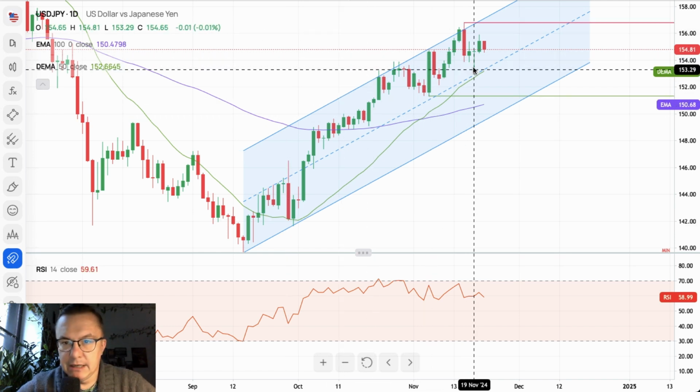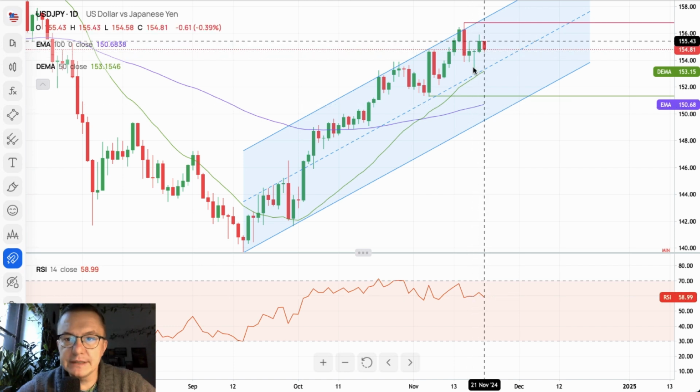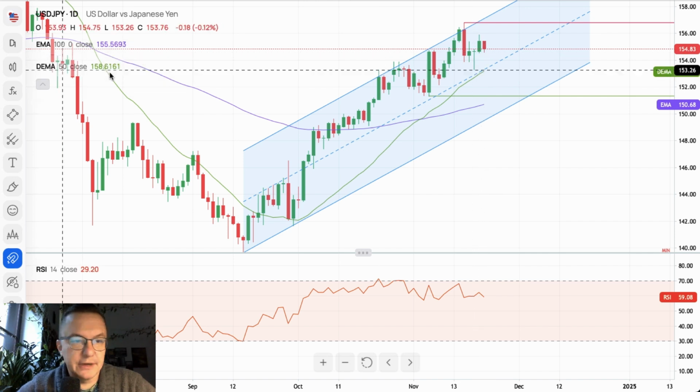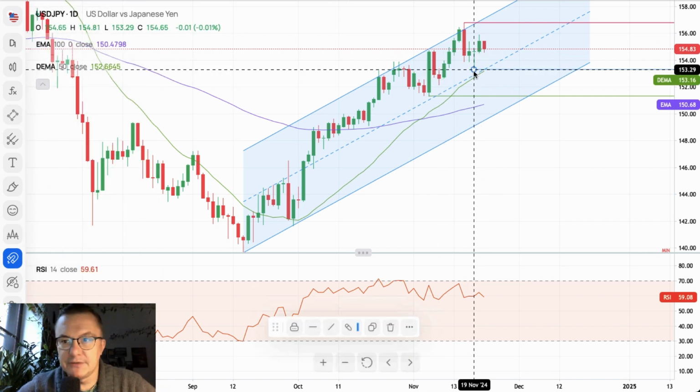After that we made a local low at 153.29. And then we bounced again, but now the market is still fighting with the current trend. Especially bears are fighting the current trend. They want this market to go lower, preferably towards 153 levels, 153.29.